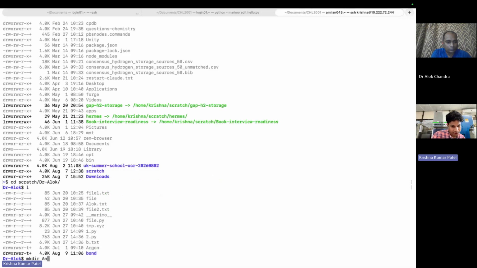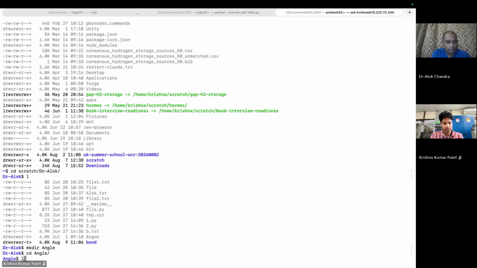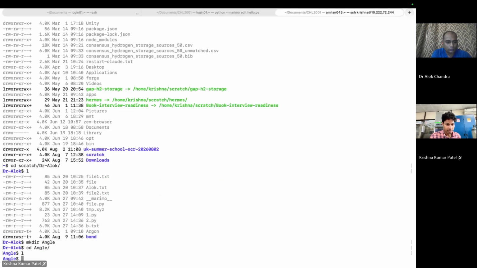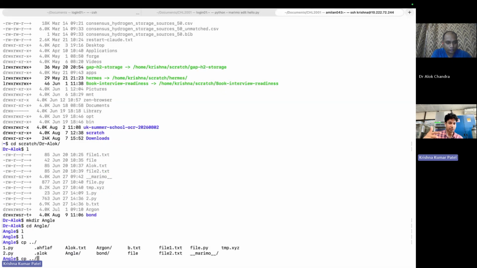Make directory. Let's just call it angle. We have no file here, so I'm going to copy the two files, data file and the LAMMPS file from previous work, so that we can build on top of it.